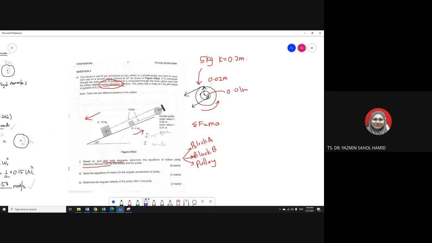First, block A: there will be a weight pointing vertically downwards, and also a normal force. Now for this question, do we have frictional force?